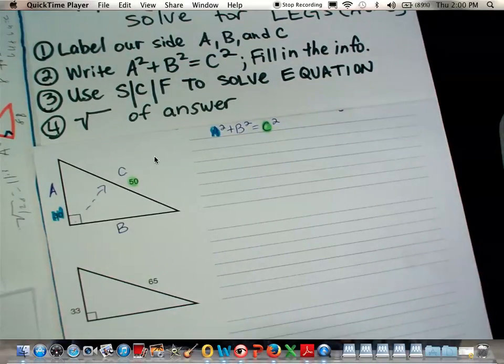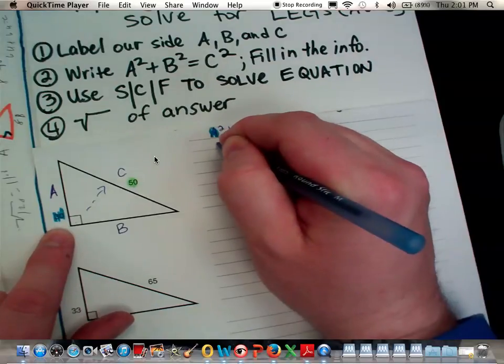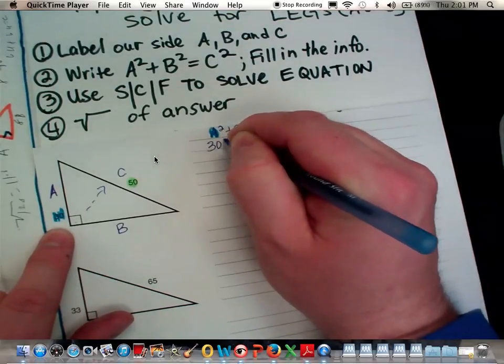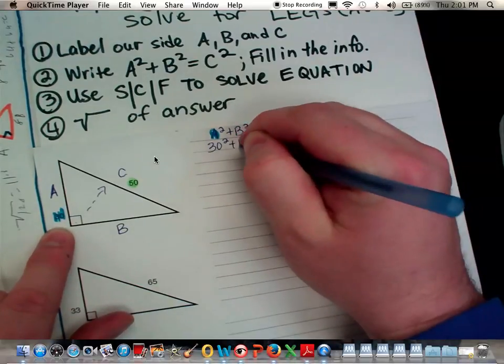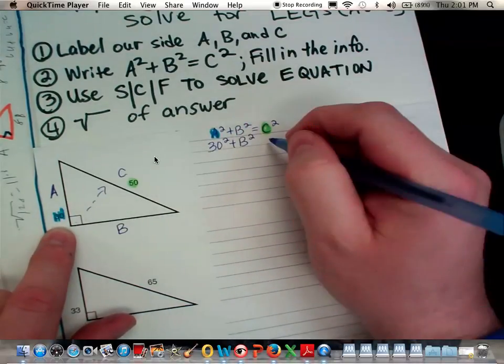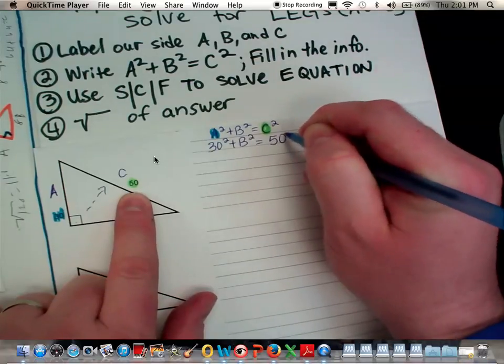It looks like I'm going to solve for the letter B in this case. So I've color-coded my area here. I know that my blue 30 is going into my blue A, so it's going to be 30 squared plus B squared equals my green C, which is going to be 50 squared.